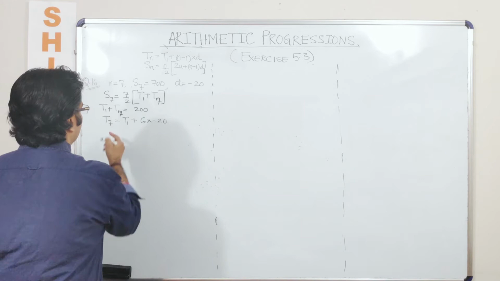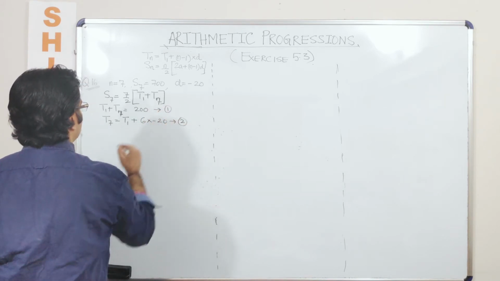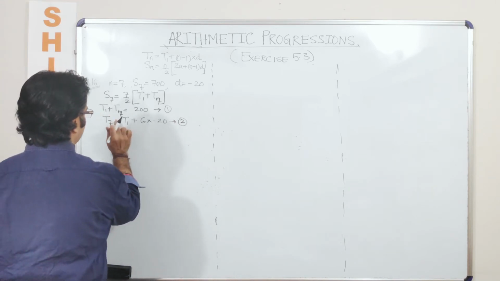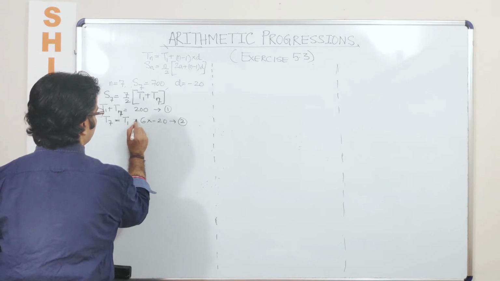Let us say this is equation 1 and this is equation 2. From equation 1, if I subtract equation 2, this can be written as t7 minus t1 is equal to these many rupees.